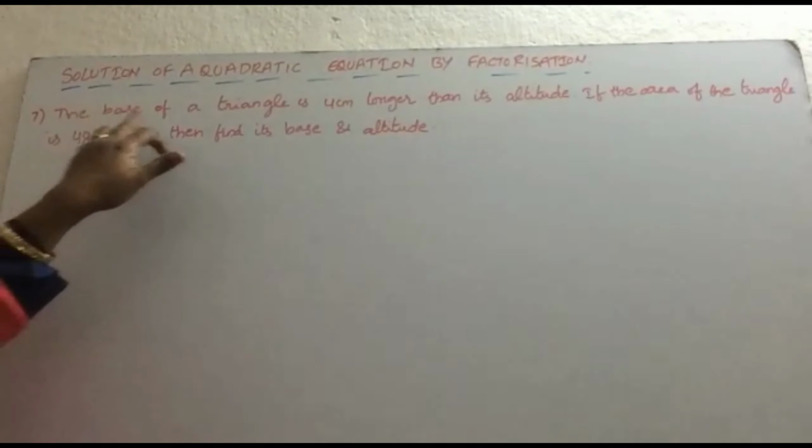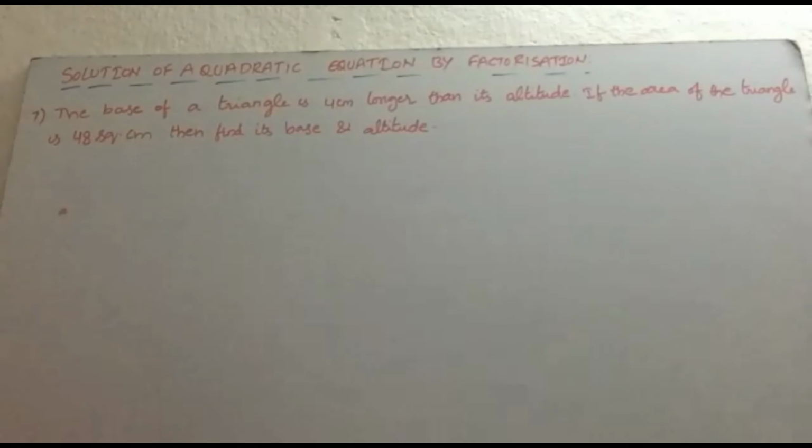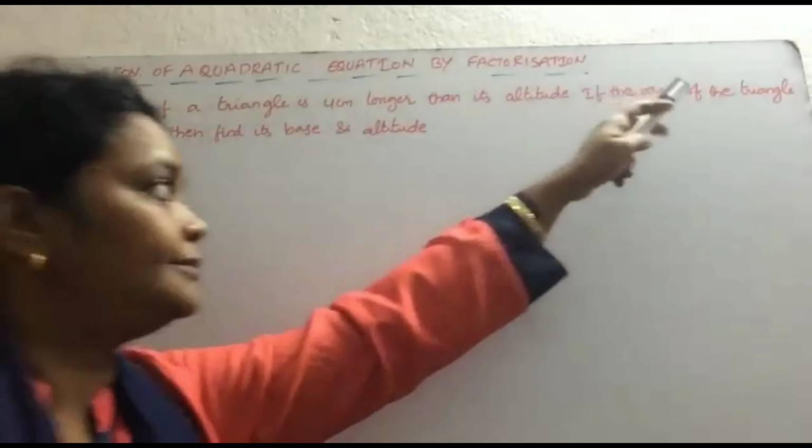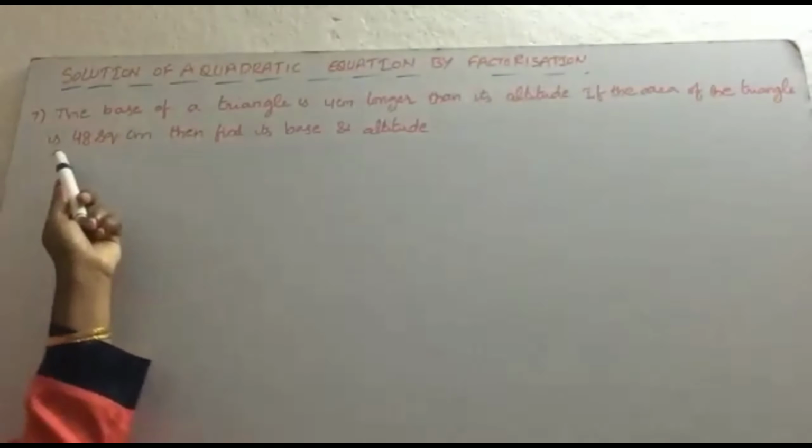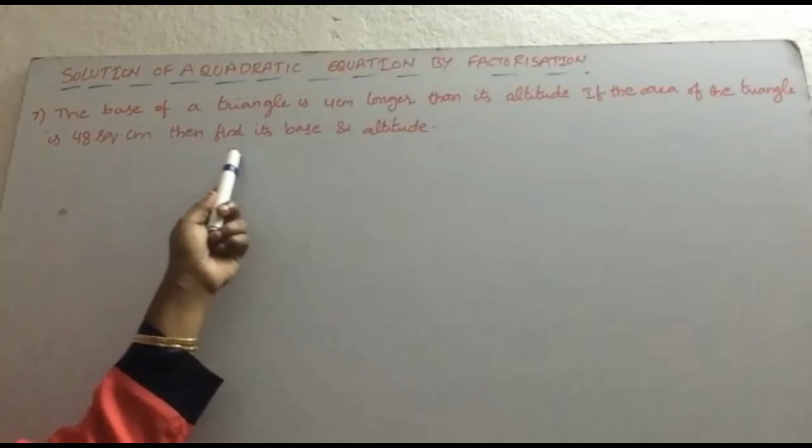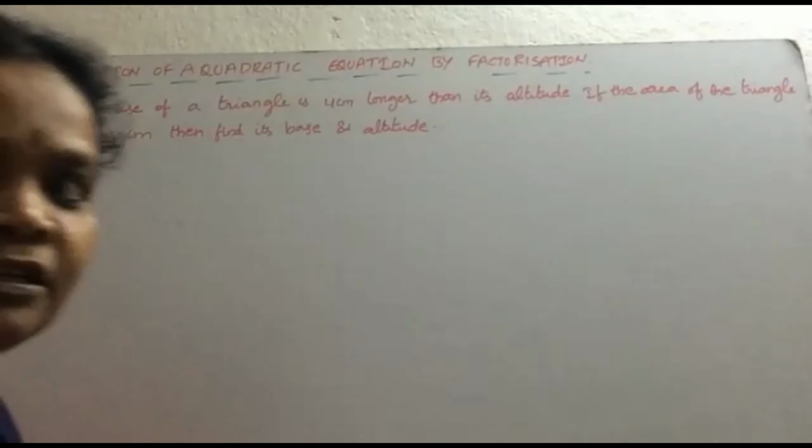Next problem: the base of a triangle is 4 centimeters longer than its altitude. If the area of the triangle is 48 square centimeters, then find its base and altitude.